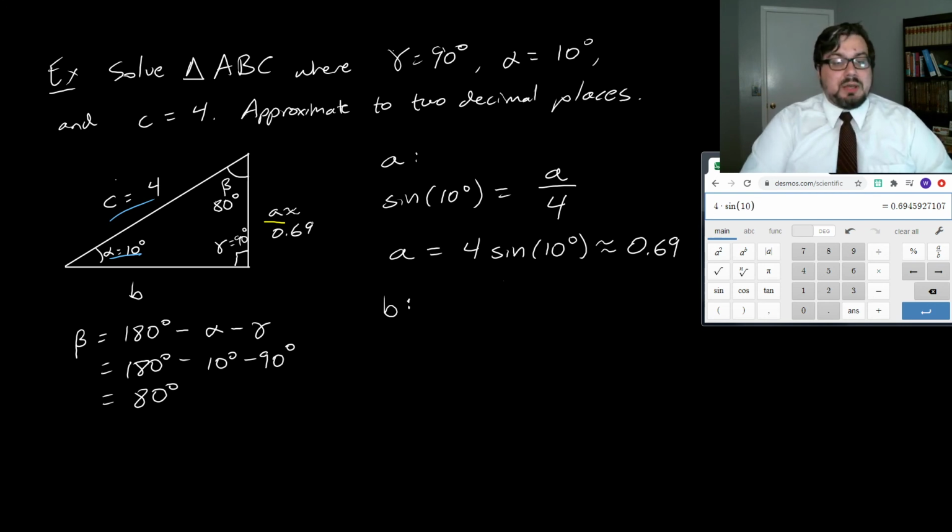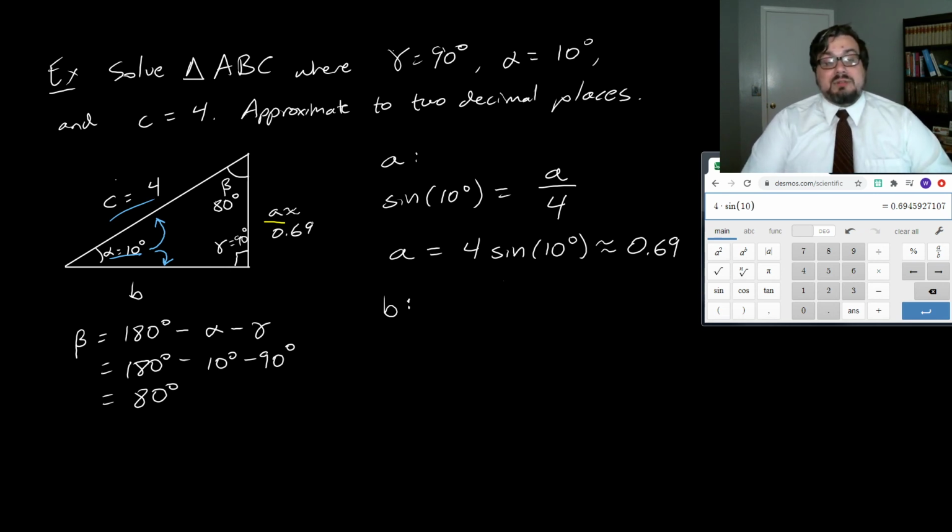So to figure out b, we're going to use a function that relates alpha to c and b. Because alpha was something that we were given in the original problem, and c is something that we were given in the original problem, those are safe to use to figure out what b is.